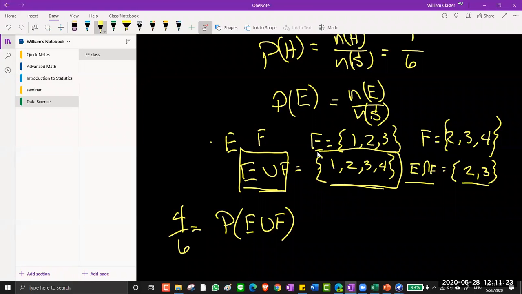But can we write it in terms of the probability of E and the probability of F somehow? Yes, it's 4 over 6, but can I say it's related to the probability of E by itself and the probability of F by itself? I'd like to say it's just this, but that's not true.